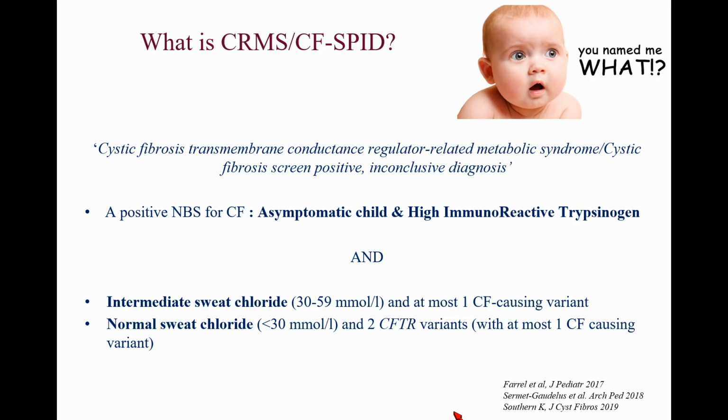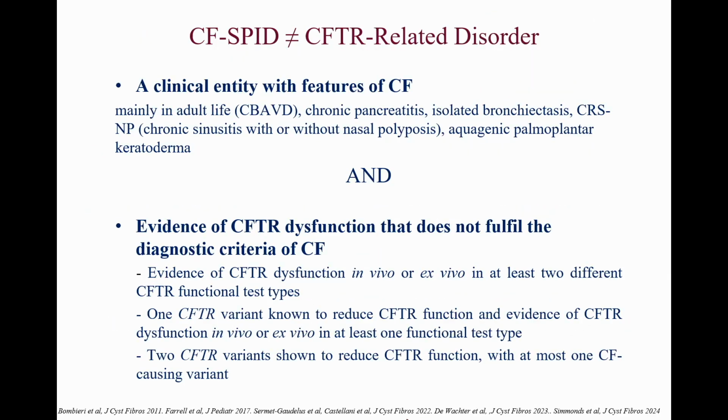intermediate sweat chloride between 30 to 59 millimole per liter and at most one CF-causing variant at genetic investigation, or a normal sweat chloride below 30 millimole per liter and two CFTR variants with at most one CF-causing variant. CF-SPID is not a CFTR-related disorder.